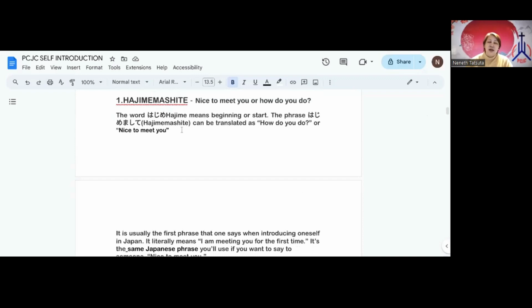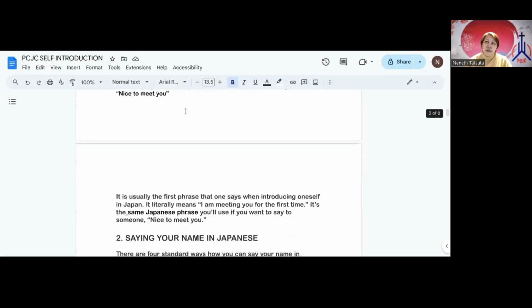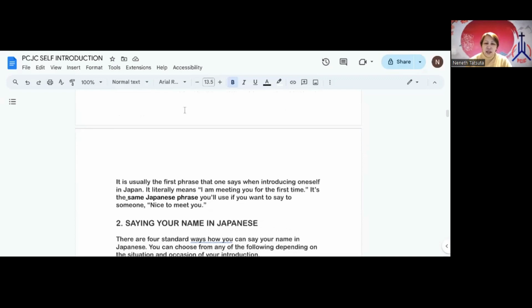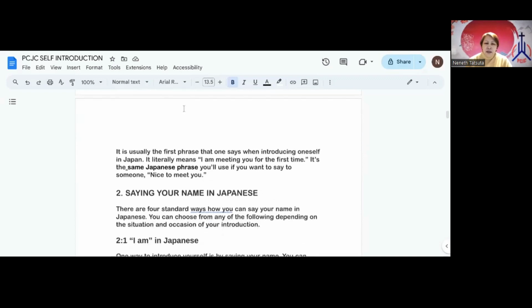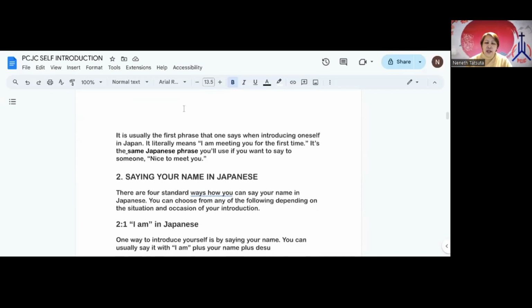It depends on your situation, on how you approach or build up yourself to the one you are speaking to. It can be the greeting first and then Hajime mashite, or Hajime mashite first, and Ohayo gozaimasu can also be good. Hajime mashite literally means I'm meeting you for the first time.